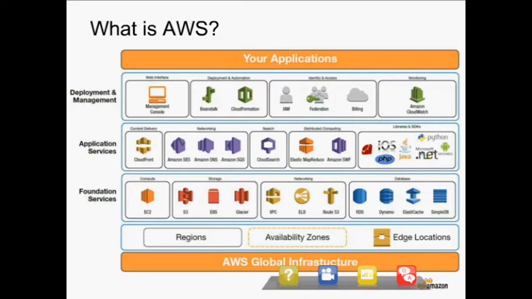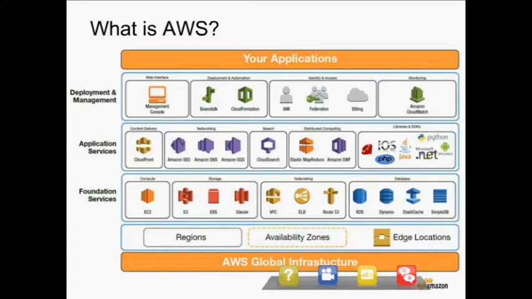These services span from application services to help customers deploy applications in the cloud or to manage or monitor those applications, as well as some very important networking and security services, as well as services that handle identity and access management as well as monitoring. And all of these services are available on top of our global infrastructure, and they're used as building blocks for customers to build their applications on top of these services.